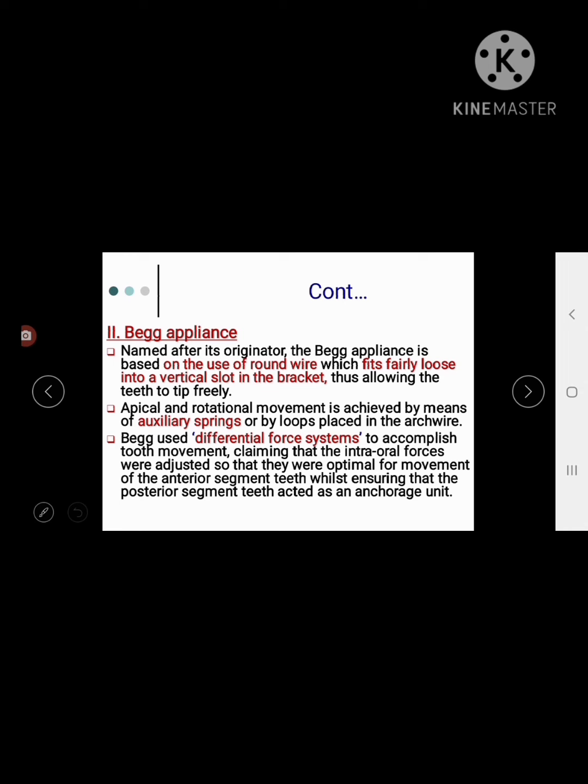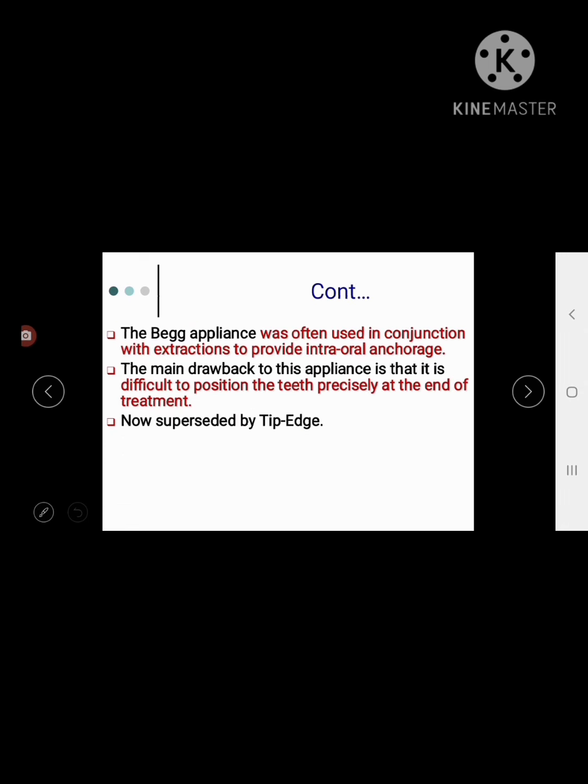Begg used a differential force system to accomplish tooth movement, so that the forces were adjusted to be optimal for movement of the anterior segment while ensuring that the posterior segment acts as an anchorage unit.